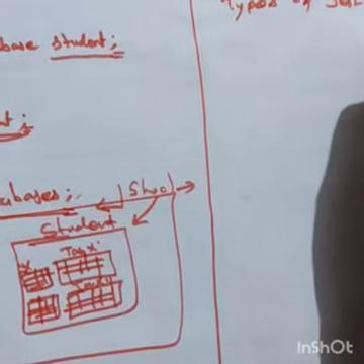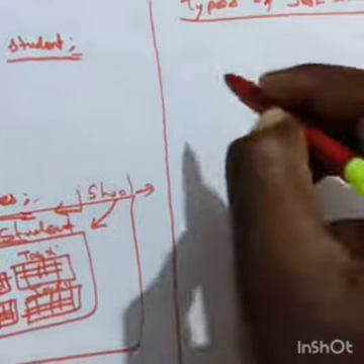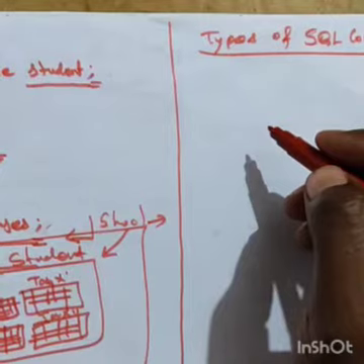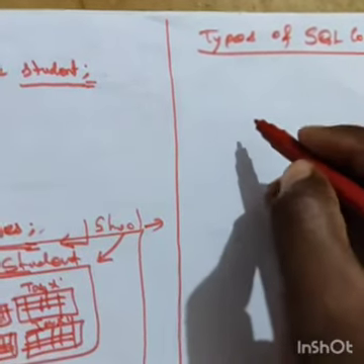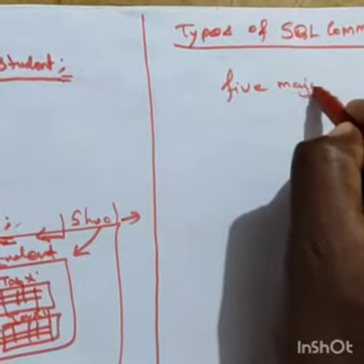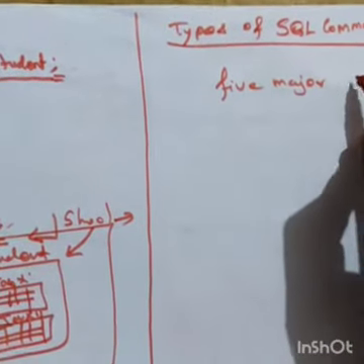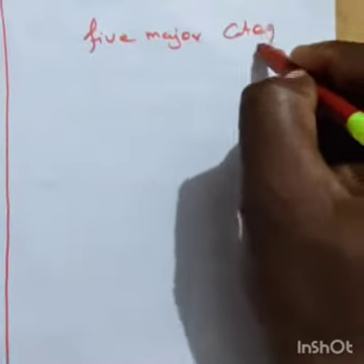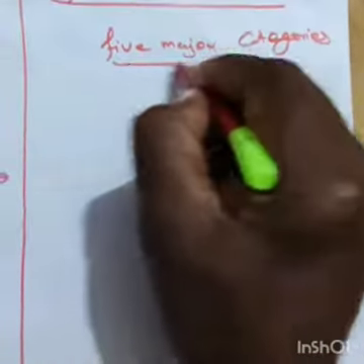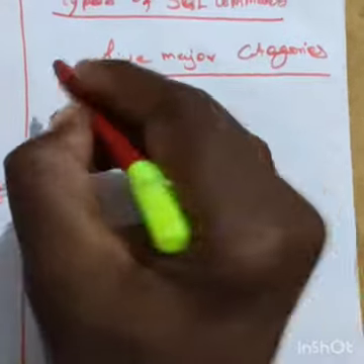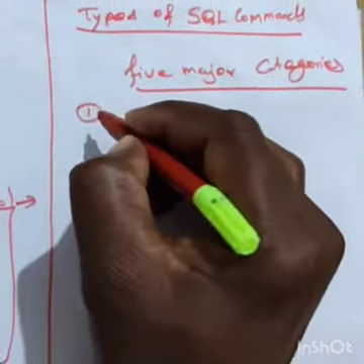SQL means MySQL. Shortly I will teach you the various functions. SQL commands are classified into five major categories. Each and every one I will teach you.